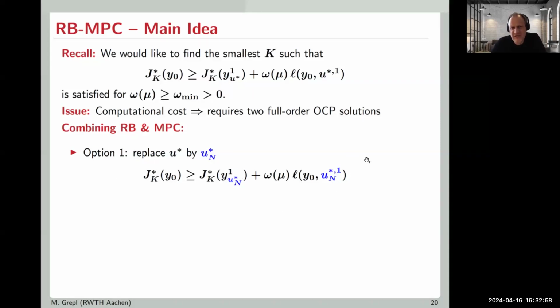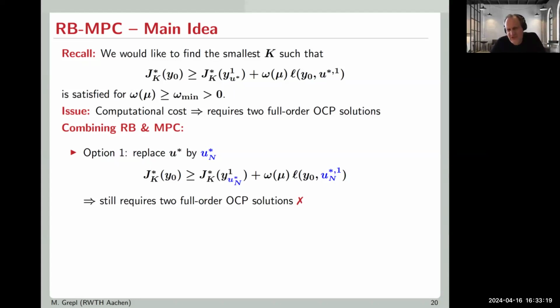But if we look at that, well, then we can compute UN star efficiently from what we just saw. But we still need to evaluate JK star and J, those two basically optimal value functions. So this still requires 2 full order OCP solutions, although we can compute UN star efficiently.